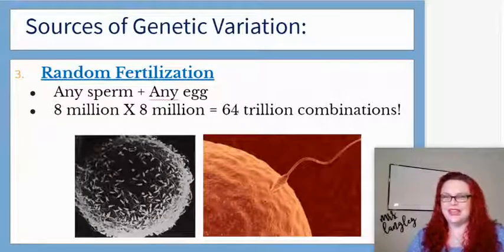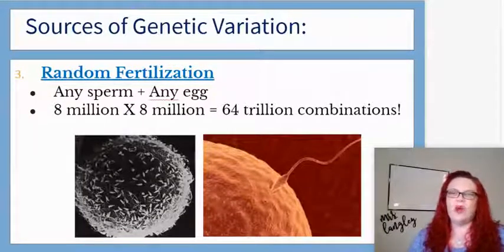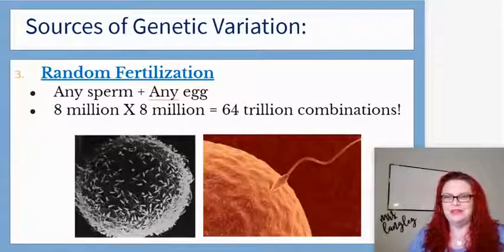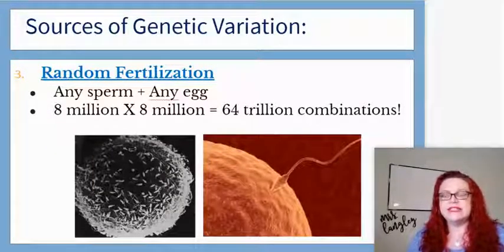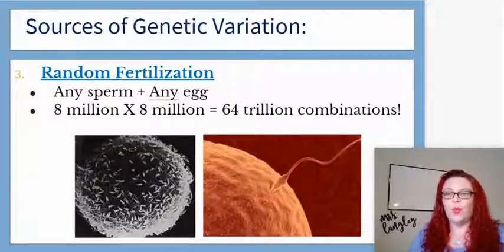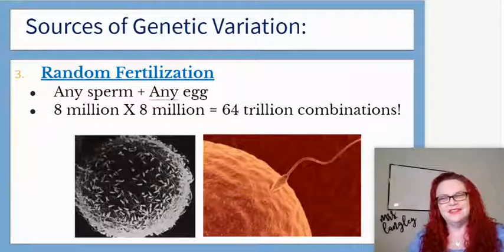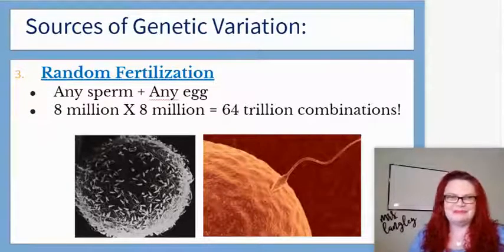When they combine, you have a 1 in 64 trillion chance of you being you with all your DNA just like it is. So technically, if your parents had 64 trillion other kids, one of them might look just like you. That doesn't count identical twins or triplets.